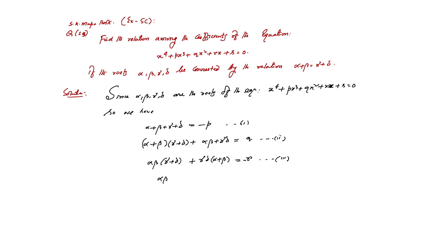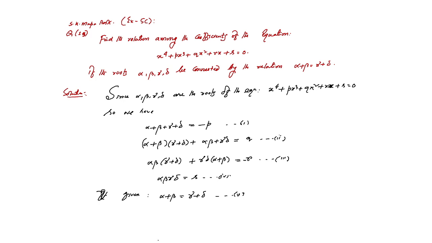This is equation 3, and alpha beta gamma delta, that will be s. And it is given the relation alpha plus beta equals gamma plus delta. This is equation number 5.